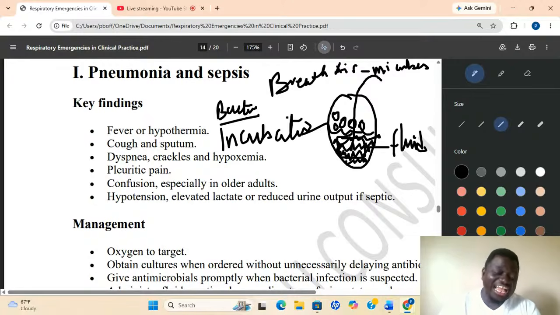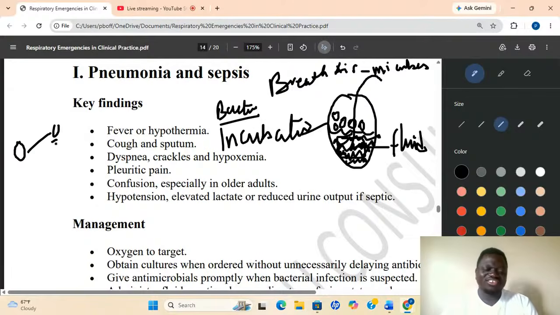In adults, if you want to see that an adult is having pneumonia, once in a while, because of the fluid, if you are living with a grandfather or grandmother, they cough, it will be consistent, then it will stop. Then they cough again, and again.